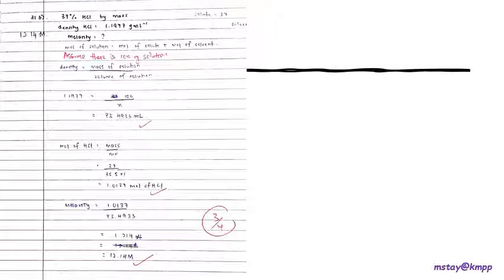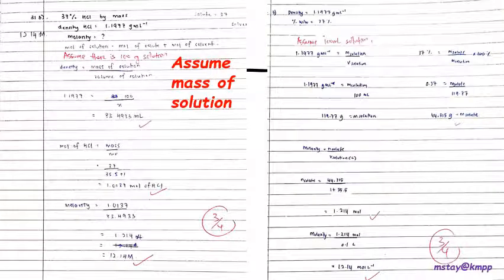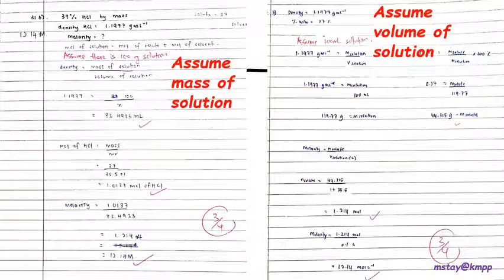Like what we discussed in example 2, this question also can be solved if we assume the mass of solution. Coming example shows that the student assumed the volume of solution, but the volume of solution is 100 ml.